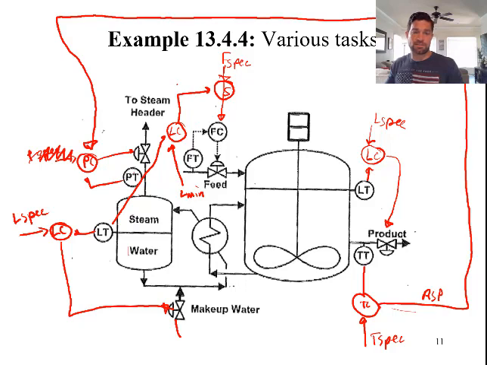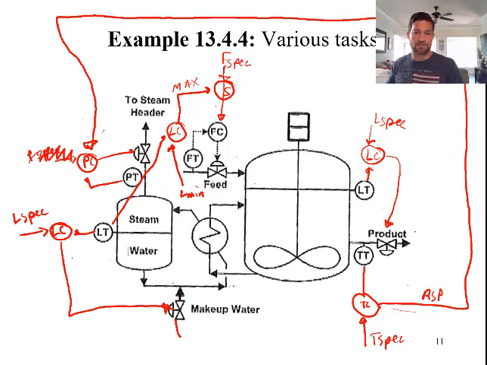So that means essentially that this should be a maximum flow. But let's think about how that's going to work. If this level gets too low, what that means is that the makeup water is coming in at a maximum rate.